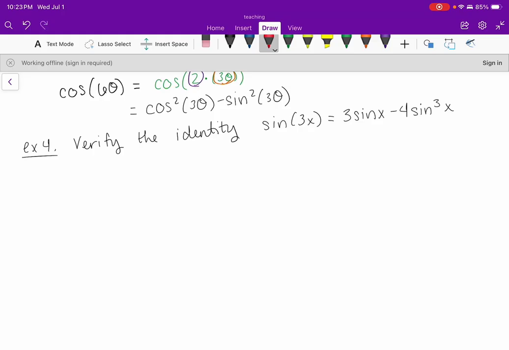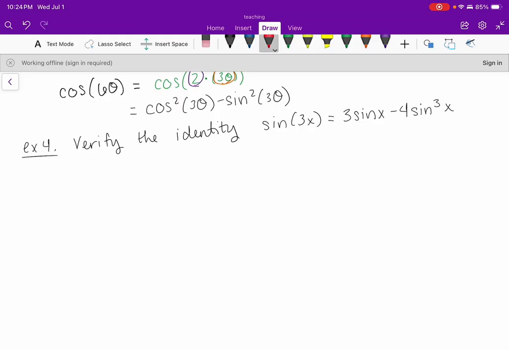This one is an interesting verifying because usually I tell y'all that you start with the side that has more stuff on it. In this case, we're actually going to start with the sine 3x side. So it looks smaller, but because now we know sum and difference identities and double angle identities, we'll be able to use that side and get to the other side a little bit easier.